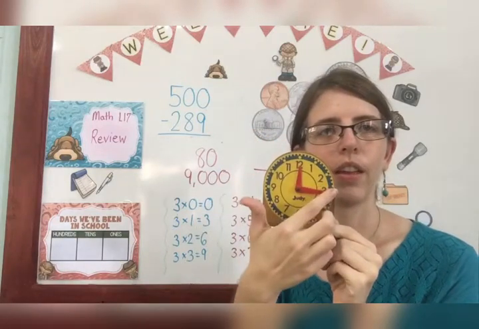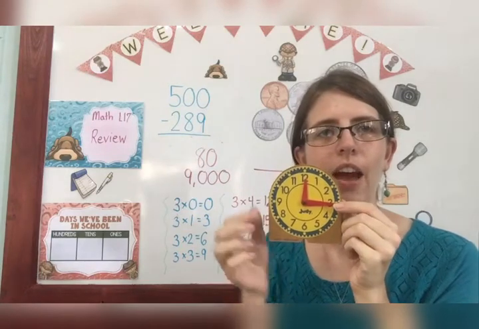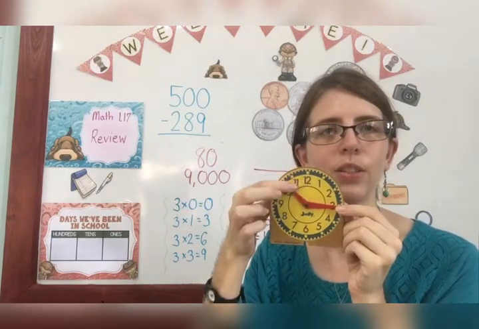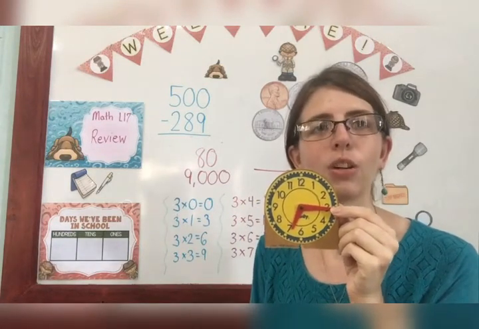A quarter is 1/4 of the way around my circle. Oops, wrong direction. So there's a quarter. And now it's past 7. So I move my hour hand just a little past the 7.